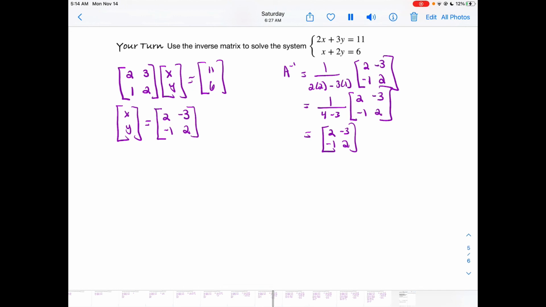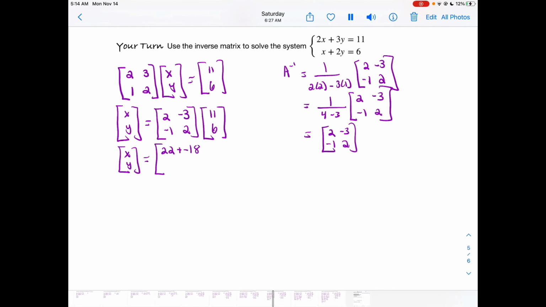And we're going to multiply this by our constant matrix of 11, 6. So our variable matrix is equal to 2 times 11, which is 22, plus negative 3 times 6, which is negative 18. And our second row entry will be negative 11 plus 12. Simplifying that down, we have 4, 1. So therefore, x is 4 and y is 1.